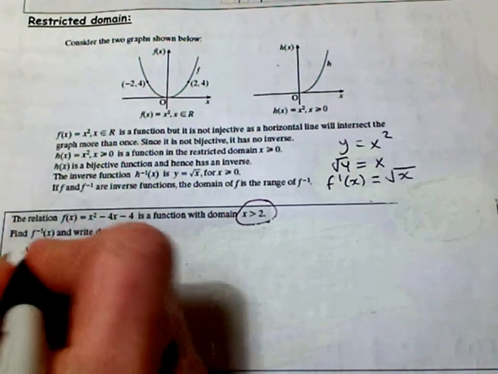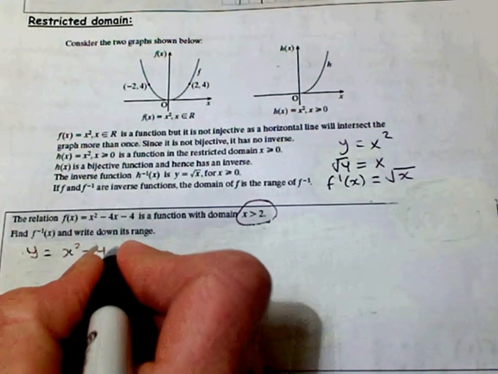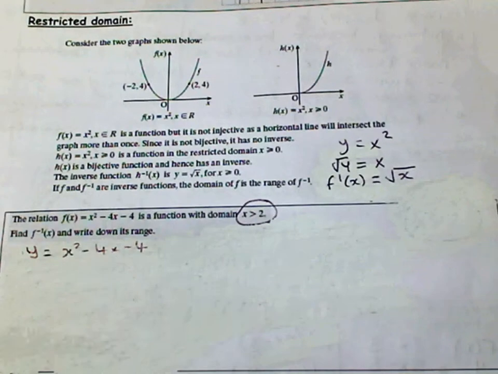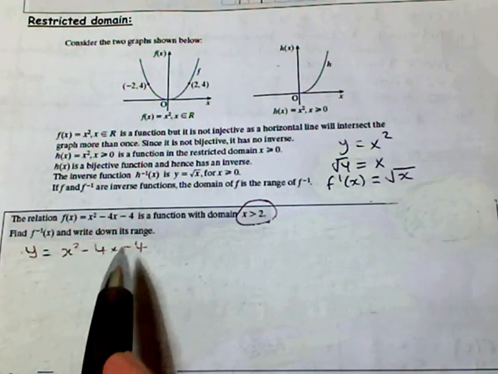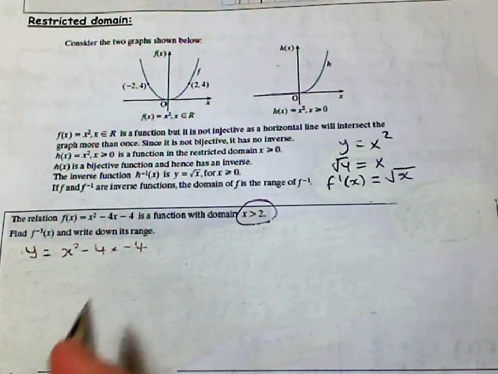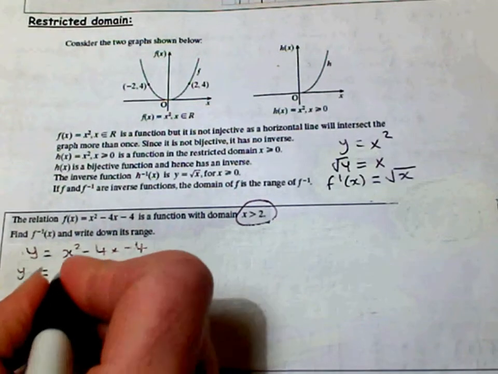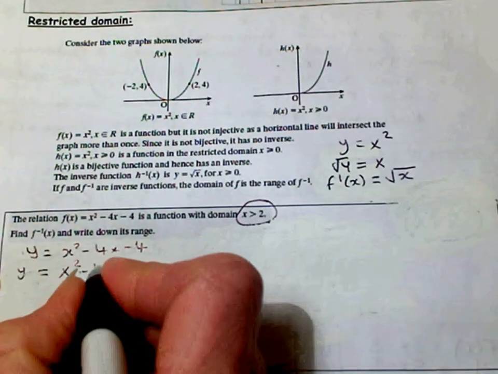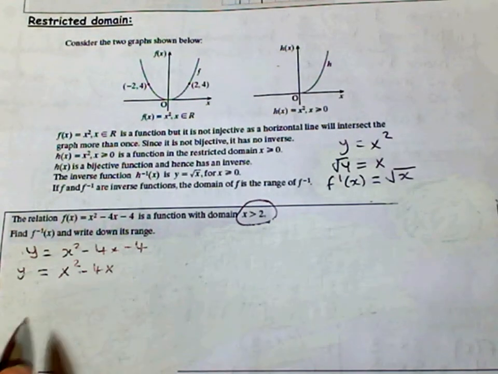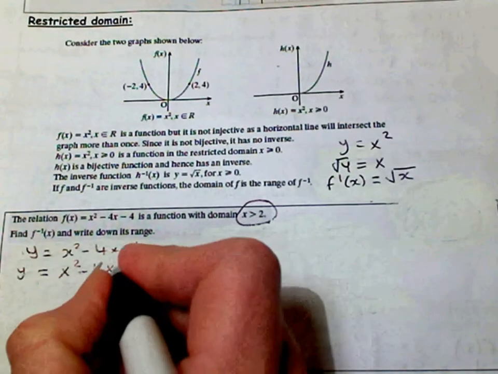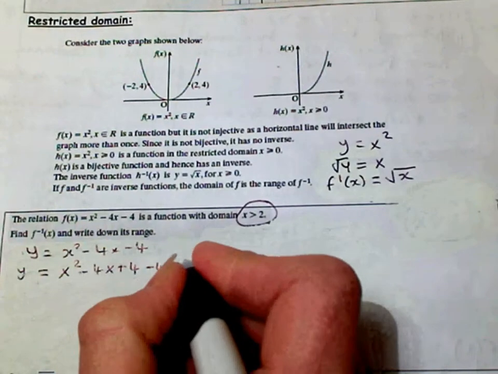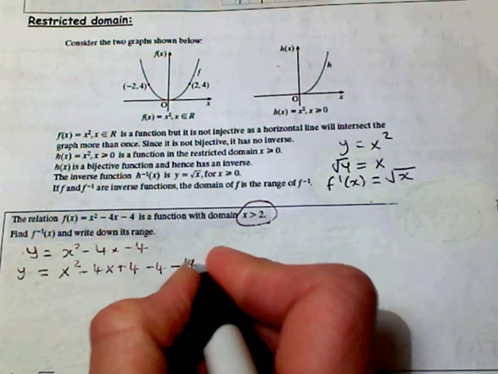So y is equal to x squared minus 4x minus 4. Looking at that, there's no way at the moment to get x on its own. If you look at that function, this is an example where you have to complete the square. So y is equal to x squared minus 4x; half the x coefficient, half of minus 4, gives minus 2; square it to get 4, add it on, and then take it away.